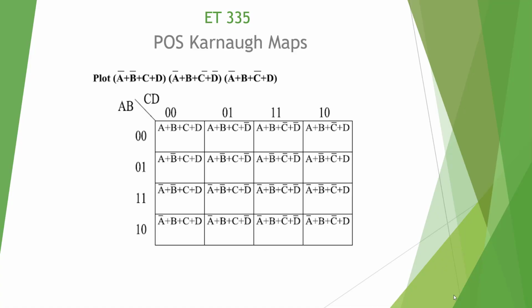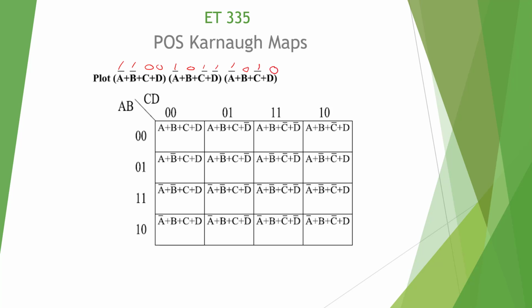Okay, here we have a POS Karnaugh map, a 4x4, and we're going to go through the entire reduction process. So let's go ahead and plot it. And we have a 1, 1, 1, 0, 0, 1, 0, 1, 1, 1, 0, 1, 0.